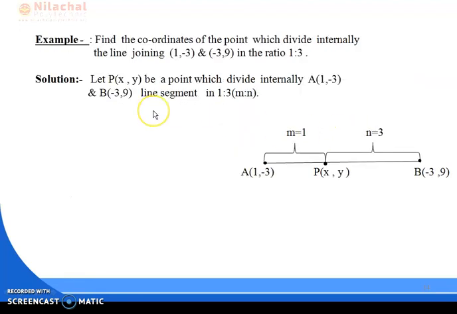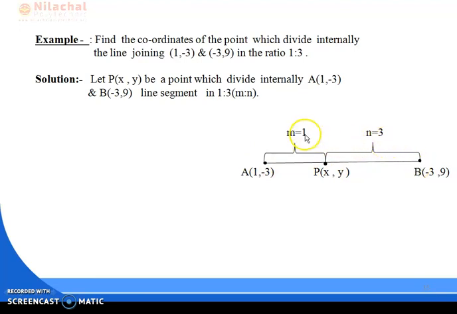Let's see an example. Find the coordinate of the point which divides internally the line joining 1, -3 and -3, 9 in the ratio 1:3. Let's see the figure. A point is 1, -3, B point is -3, 9, and P is a random point which internally divides the line segment AB in the ratio AP to PB equals 1:3.